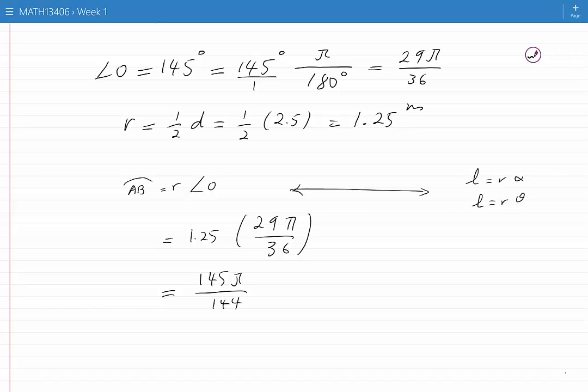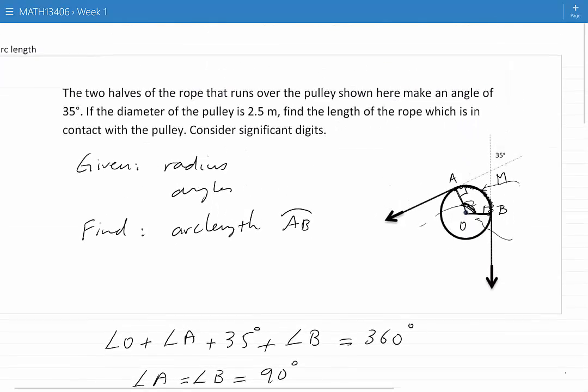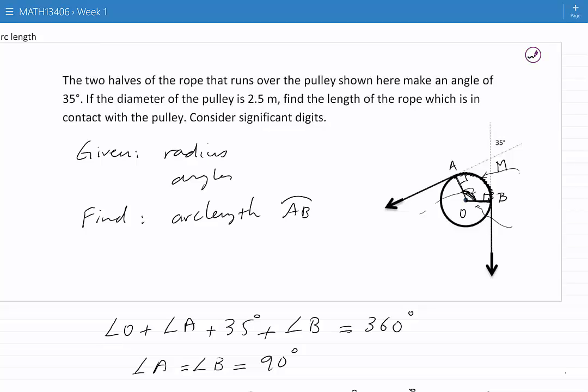In decimal form, this is approximately 3.163409269, and so on, but of all these digits, only 2 are significant. And the reason is that in the original data, there were 2 numbers which were important.